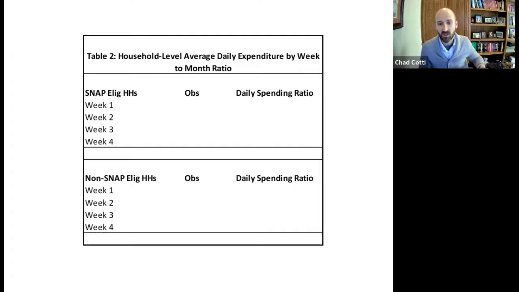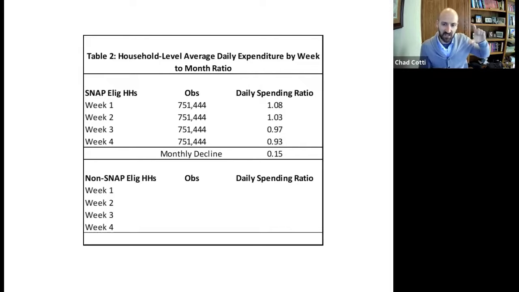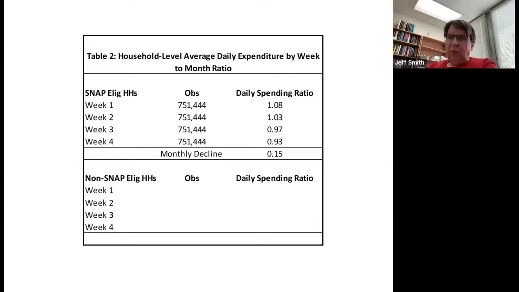We should see a big gradient here, and that's what we found. Looking at that spending ratio, it's 8% more the first week of a month and 7% less on average the last week. So there's this 15% spread. Again, it's just average, not conditional.